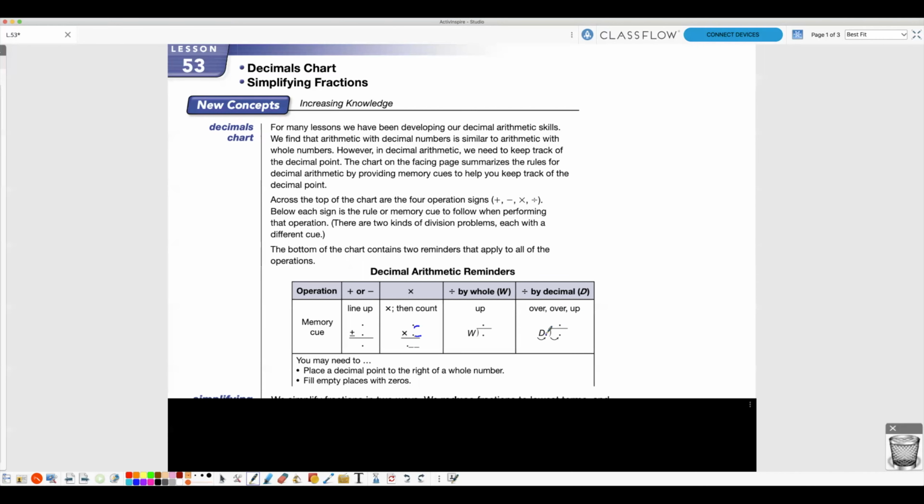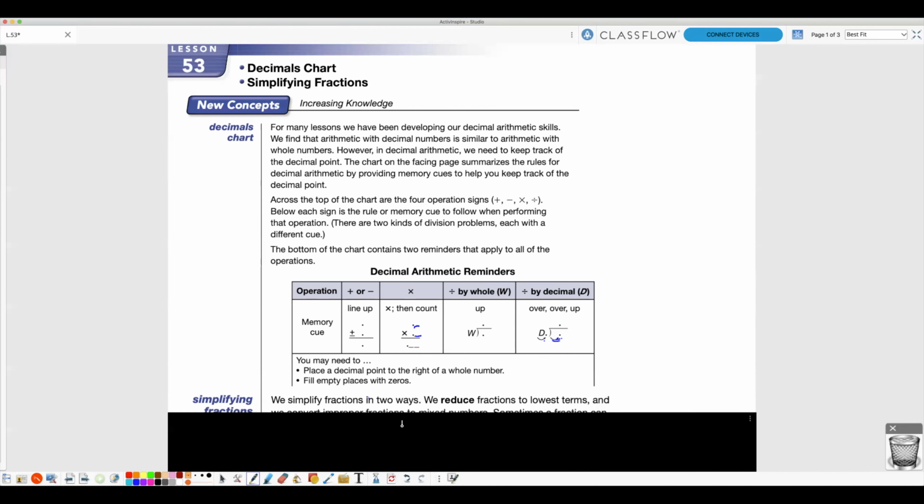If you move it over one time in this location, you have to move it over one time in this location. And then you move it straight up into the quotient. You may need to place a decimal point to the right of a whole number or fill empty places with decimals sometimes. We simplify fractions in two ways.